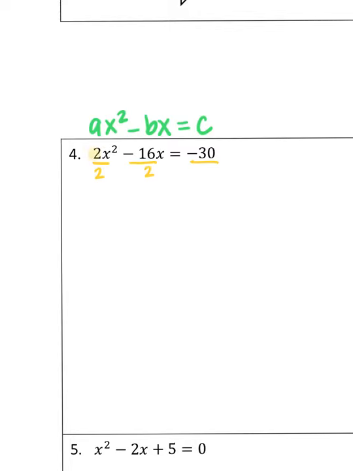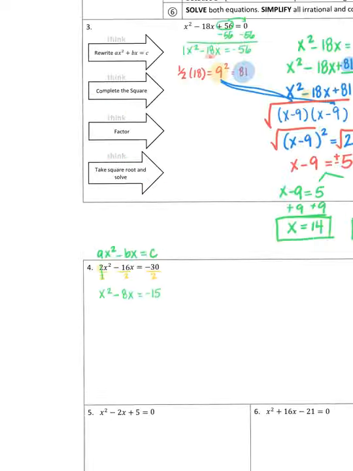So we're going to divide everything by 2, and we get x squared minus 8x equals negative 15. So all I did was divide everything by 2, and I got x, because that canceled out, so I get x squared minus 16 divided by 2 is negative 8x equals negative 30 divided by 2 is negative 15. All right, so I did that step.